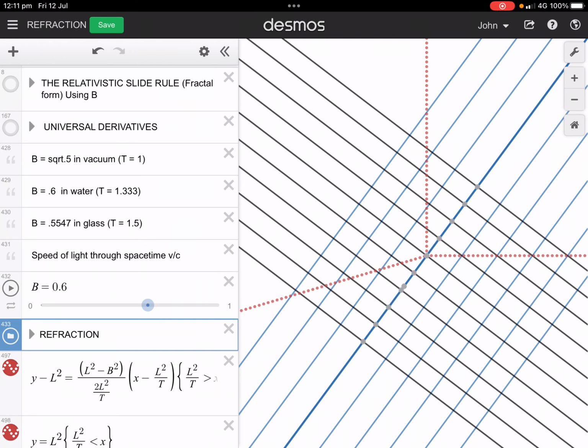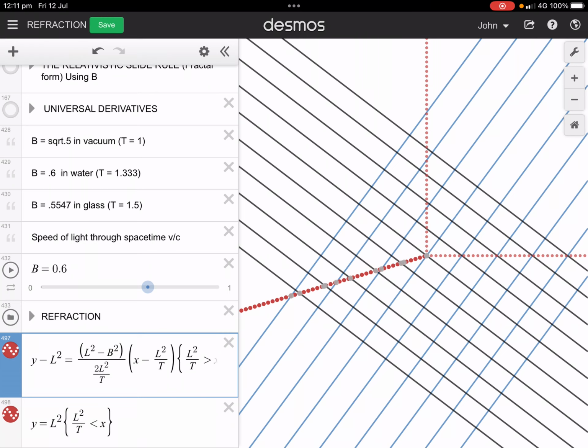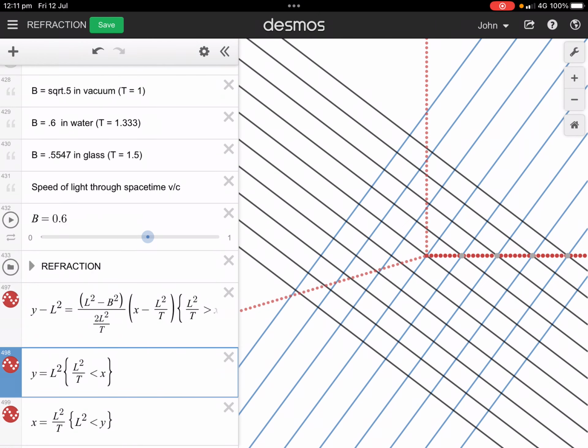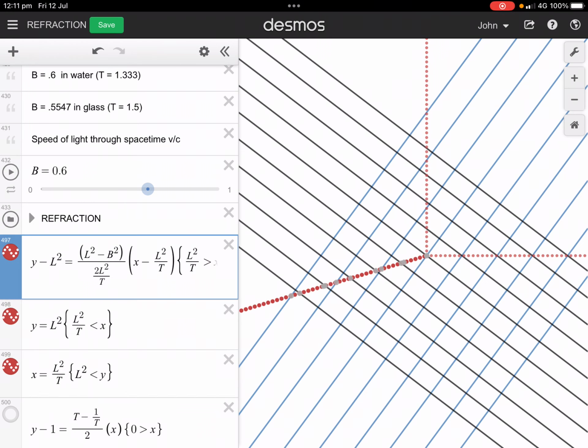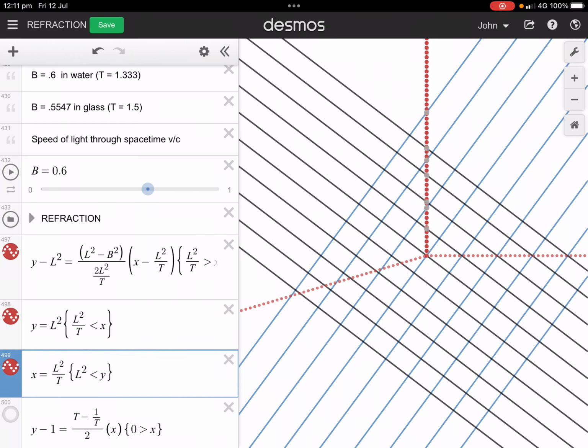So this is the surface of the material, this is the normal to the surface, this is the ray coming in, the incident ray, and then it's either transmitted into the material or it's reflected off the surface back out. And the relativistic slide rule is always Brewster's angle, therefore the angle between the transmitted and the reflected ray is always 90 degrees.